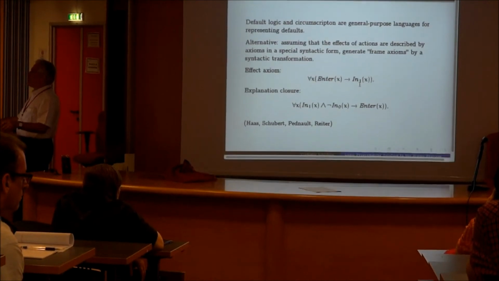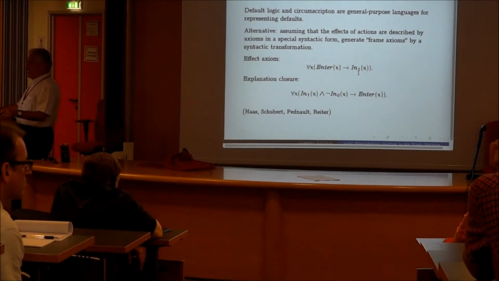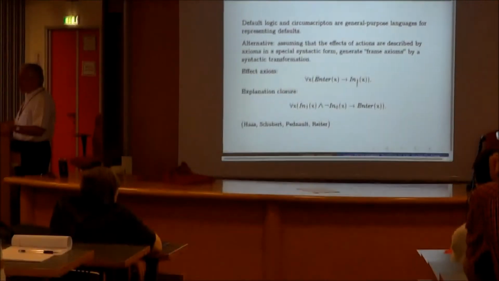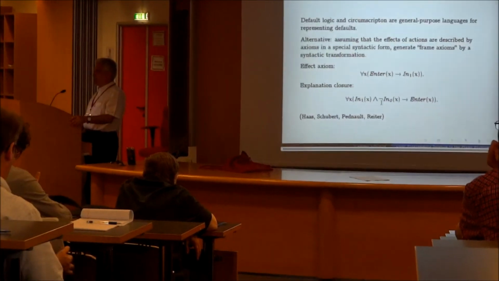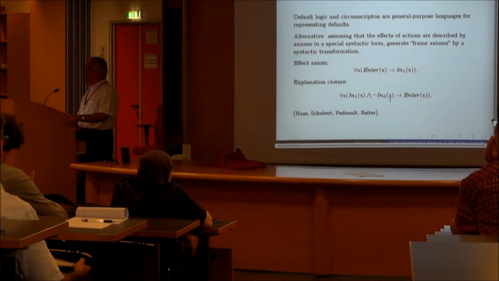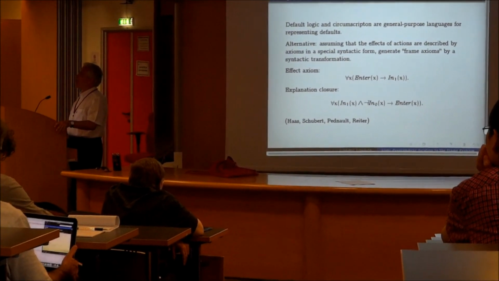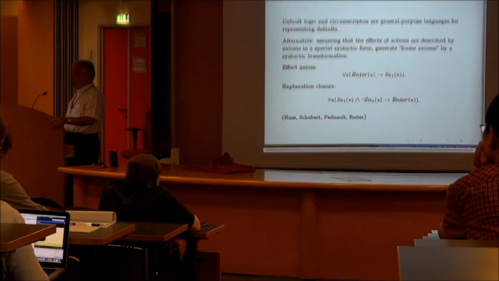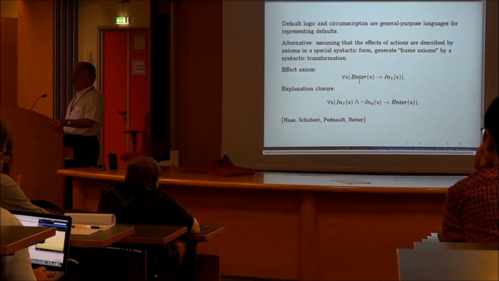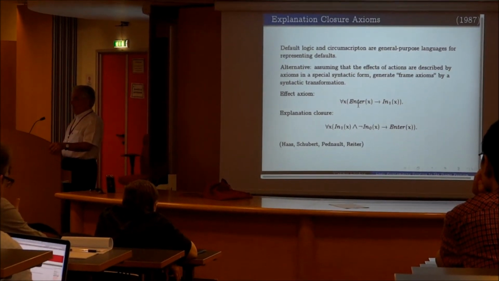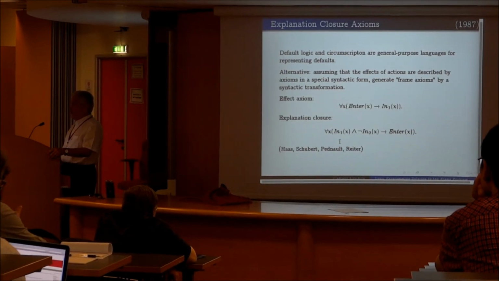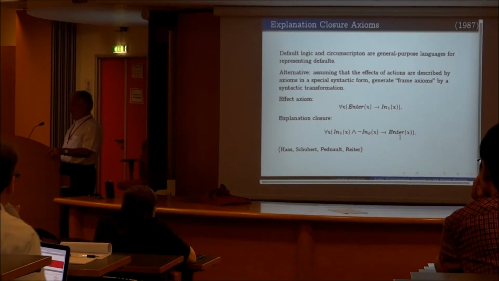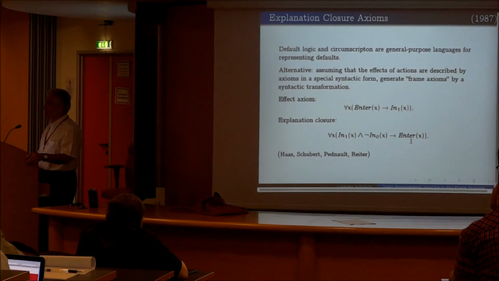Think of this fluent in of x. If in is true at time 1 but was false at time 0, that means that something happened to change the value of this fluent. And if the only effect axiom in our theory that affects the value of the fluent in is enter, then the only possible explanation is that this action enter of x was executed.